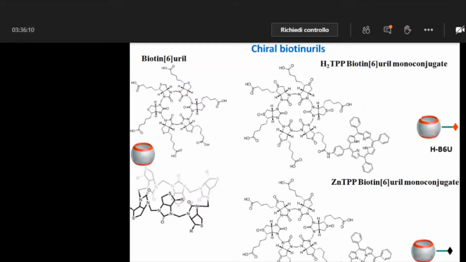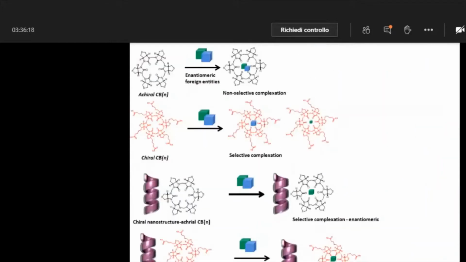But before going on, if you clearly notice, these are cucurbiturils which are chiral. So why do we need chirality? The whole idea of this study is to finally use this entire material for sensing of chiral molecules, chiral pollutants, and things like that.